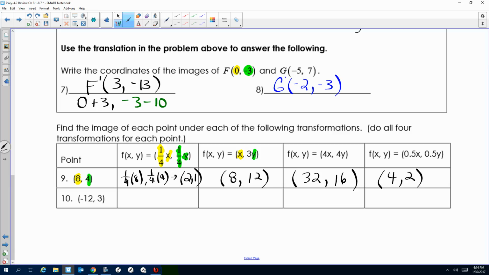All right, so try to apply the rule for our new set of points. Again, first coordinate is your x, second coordinate is your y. So here, we're going to have 1/4 times negative 12.